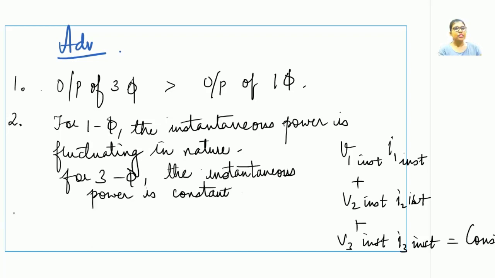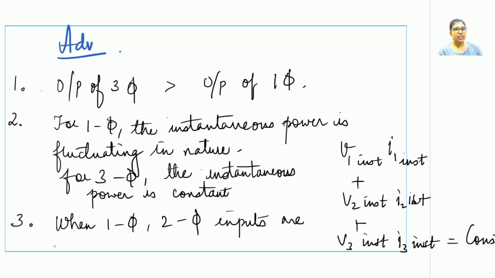And the last point is, if we have a three-phase system and we require a single-phase system or a two-phase system, then that can be easily taken out from a three-phase system. Whereas the reverse is a complex task to do. So what can we write? When single-phase or two-phase inputs are needed, it can be taken from a three-phase system.